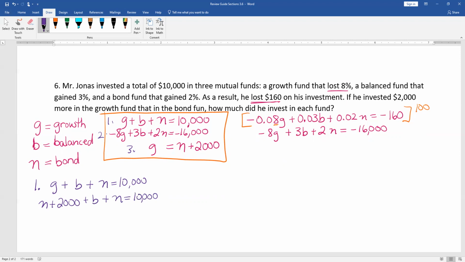Okay, when I do that, I'm going to go ahead and add n to n, just combine like terms. But I'm also going to move this constant term to the other side. So I'm left with b plus 2n equals 8,000.